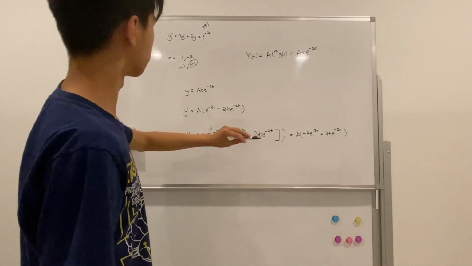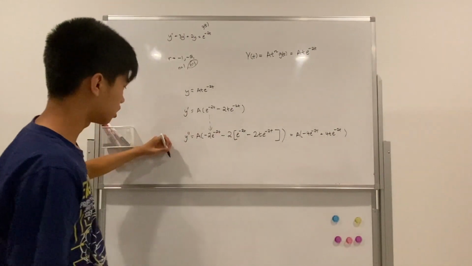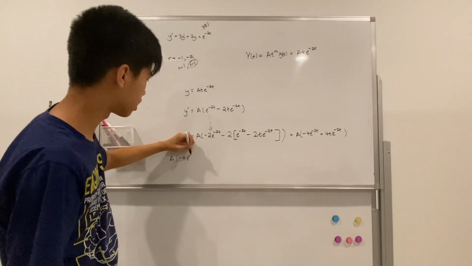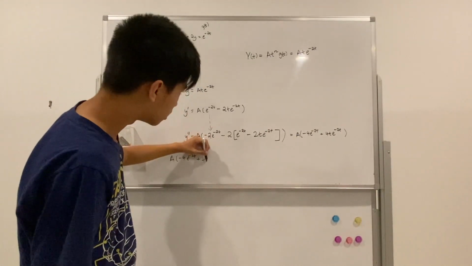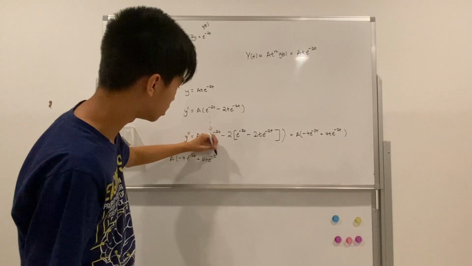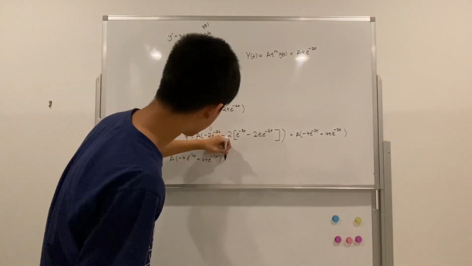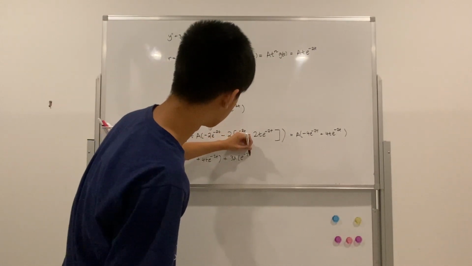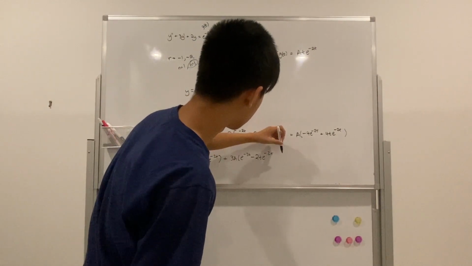So if we plug that in here, we would get A times -4 e to the -2t plus 4t e to the -2t. Then we add 3y prime, so that's plus 3A times e to the -2t minus 2t e to the -2t.